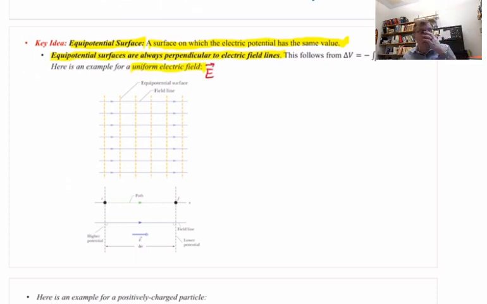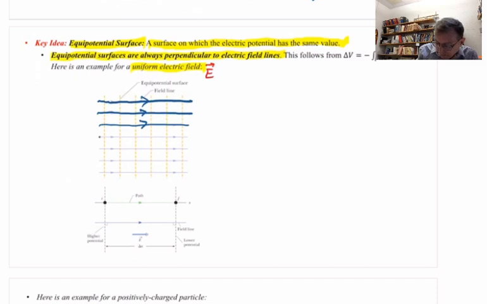Uniform means that at every point in a region of space, it has the same magnitude and the same direction. And this uniform electric field is represented by a series of equally spaced electric field lines, all pointing from left to right, and equally spaced, like that.